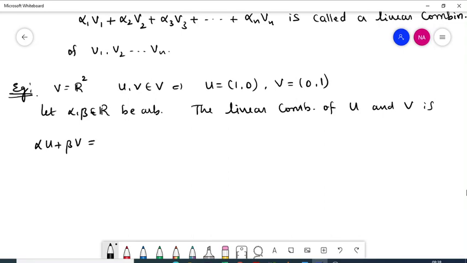This is enough for the definition of linear combination. But let us have something more than that. Alpha times (1, 0) plus beta times (0, 1) actually gives you (alpha, beta).